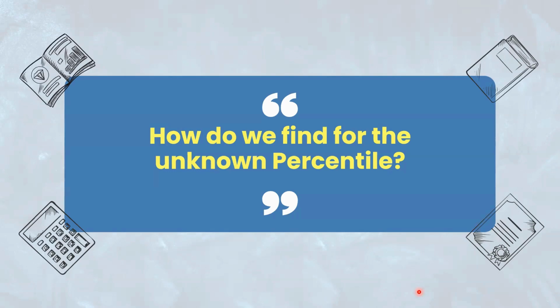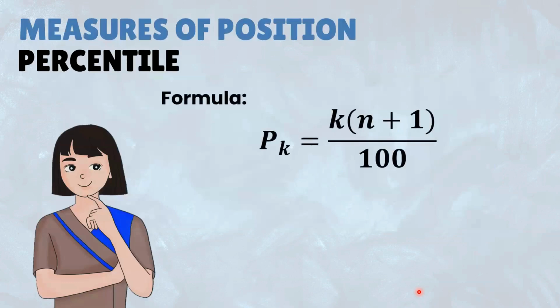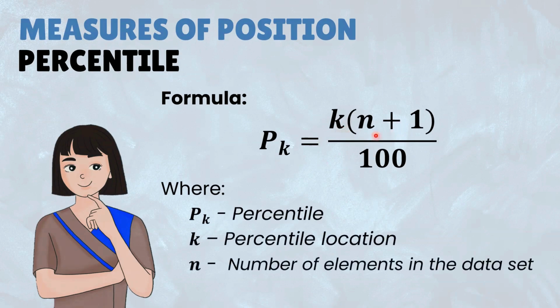What do we do to find the other unknown percentile values given numerous values in our data set? So we will also be using a formula. So we have here P sub k is equal to k times the quantity n plus 1 over 100, where P sub k is our percentile, k is our percentile location, and n represents the number of elements in our data set.